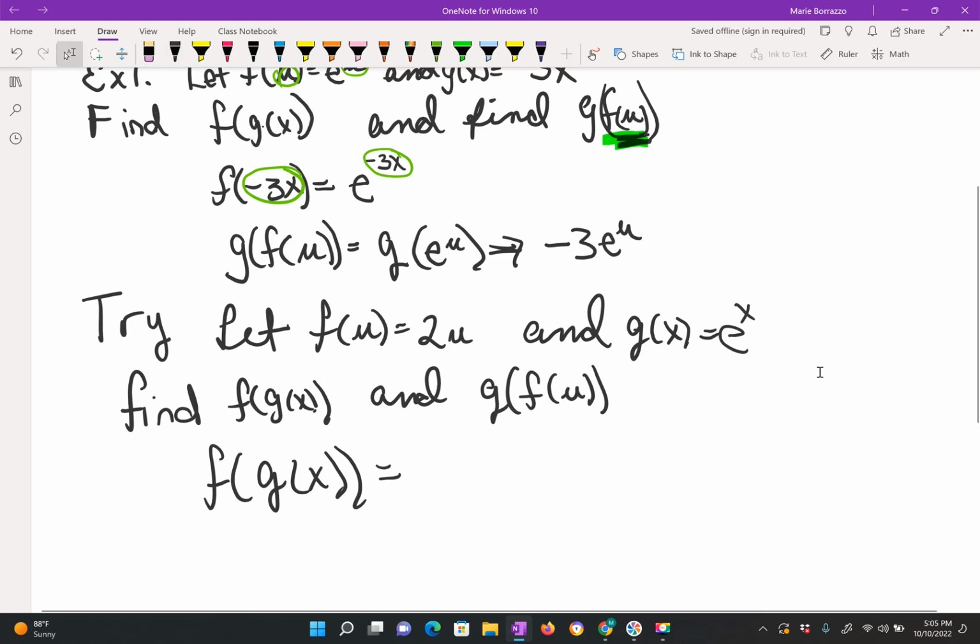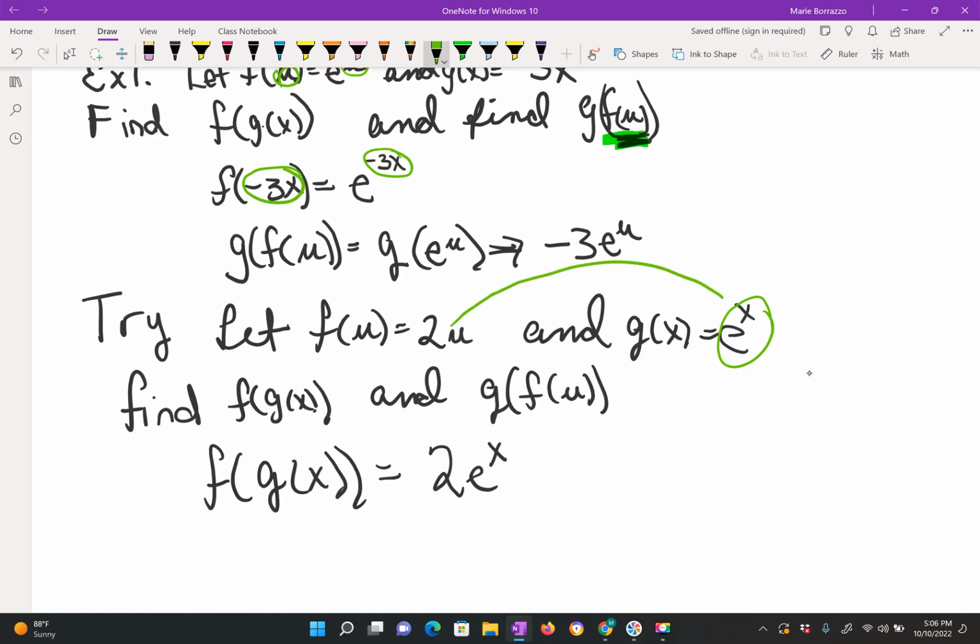So what are you thinking for this one? For f of g of x, 2e to the x. There you go, 2e to the x. In other words, g of x is e to the x, and we're substituting it into that part of the equation.